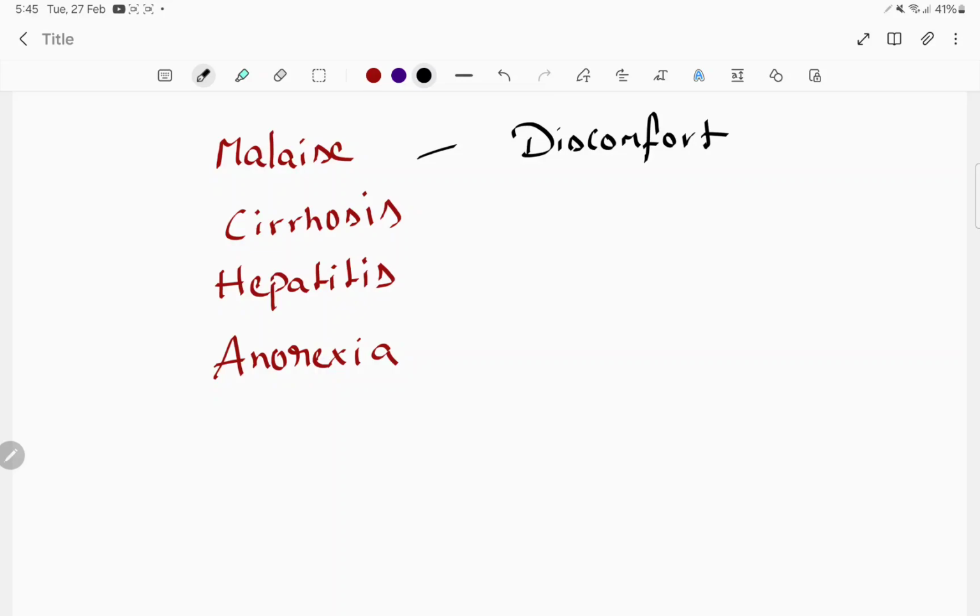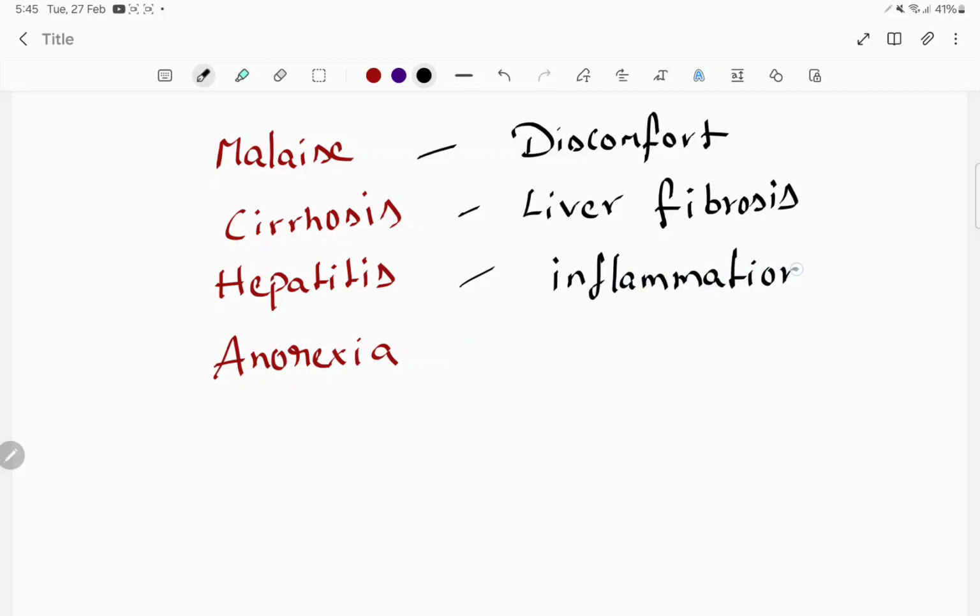Cirrhosis is fibrosis of liver. Hepatitis is inflammation of liver. Anorexia is loss of appetite.